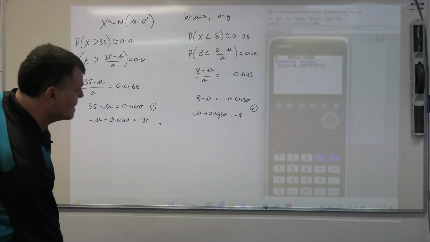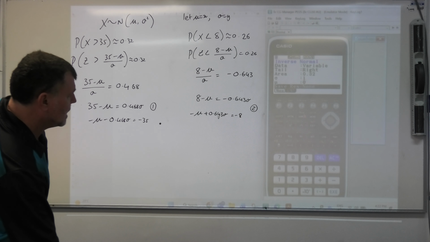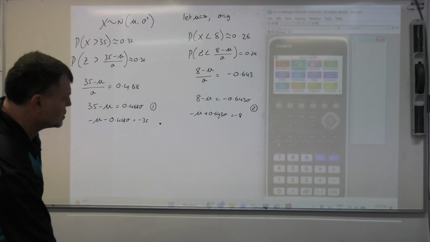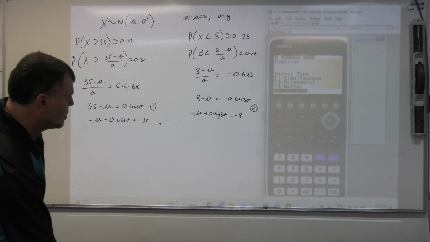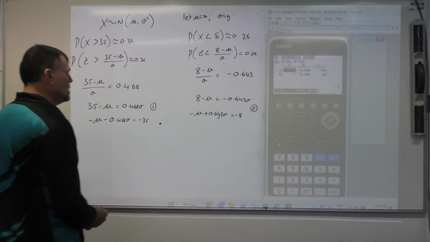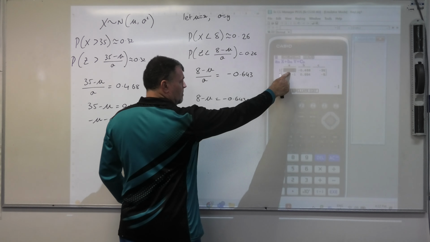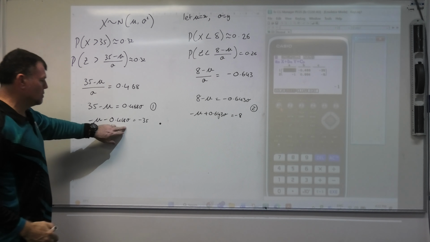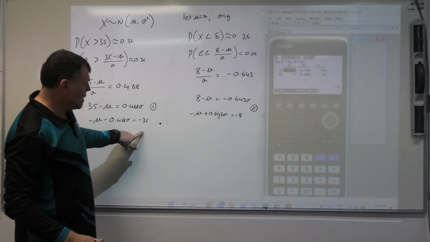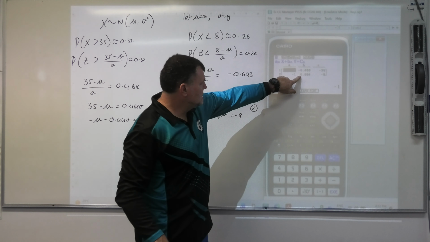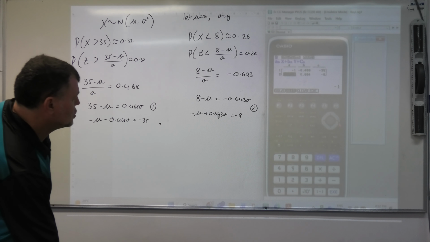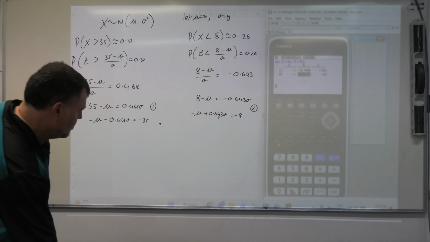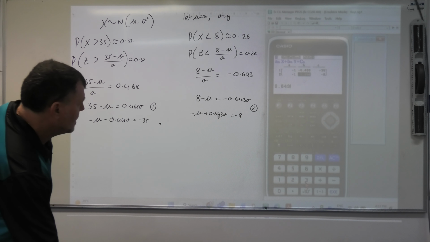So if we go into our calculator, we're going to go to a function called equation. In equation, you go to simultaneous solve, and we want two unknowns. So let's put all our information in here. We've got negative 1, negative 0.468, negative 35, negative 1, and let's change that one there, so that one should be 0.643, and then negative 8.